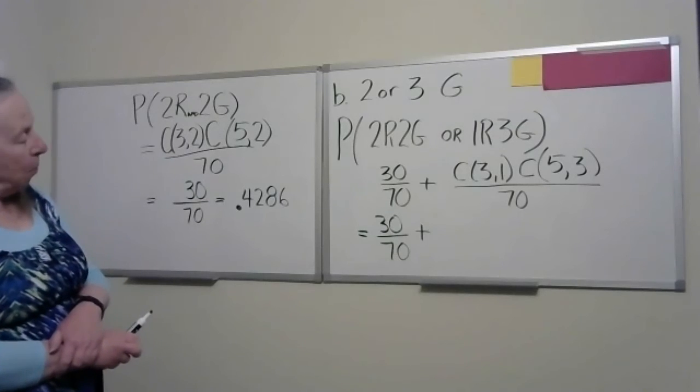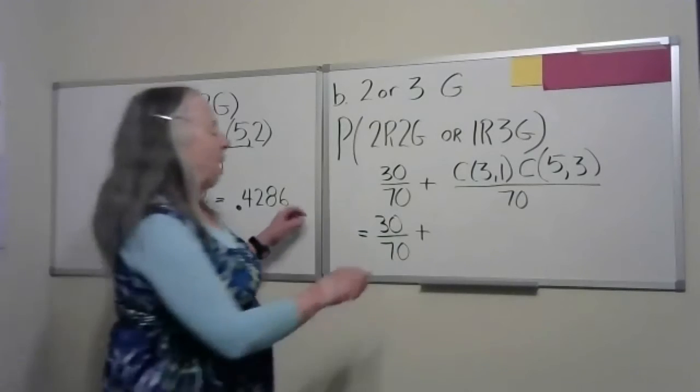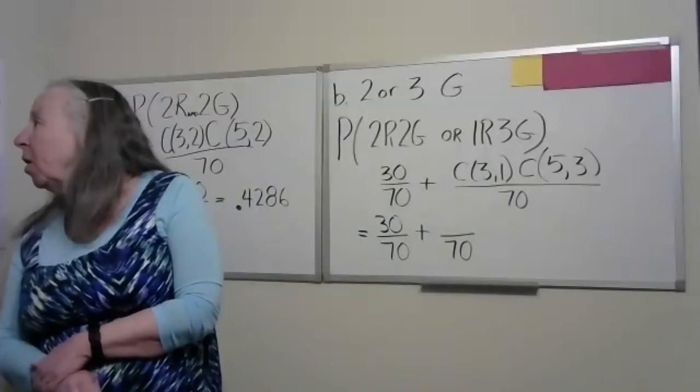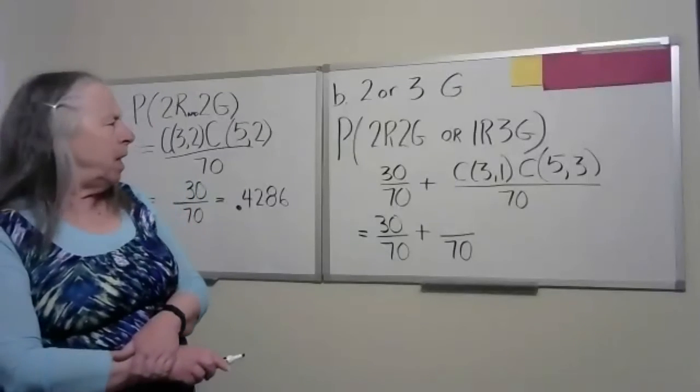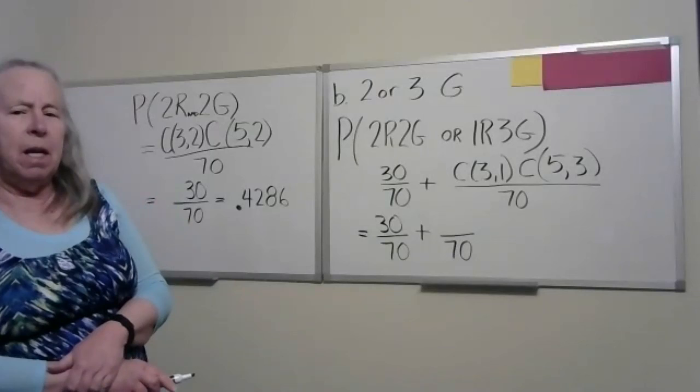So Jake, what did you come up with for the numerator of the second fraction? When I added those two numbers together, it was 13. You wound up with 13? Did anybody else come up with 13?